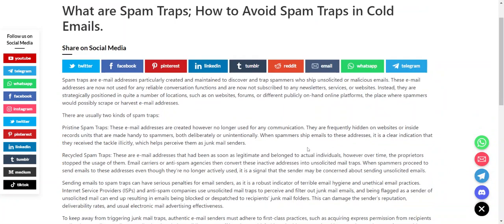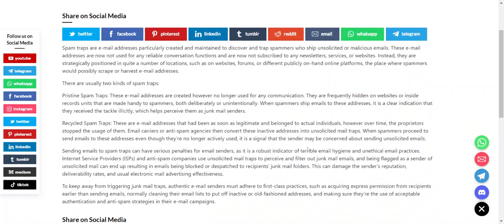There are usually two types of spam traps. The first one is called a pure spam trap. These are emails that are created specifically to tap into the people who are scraping emails.